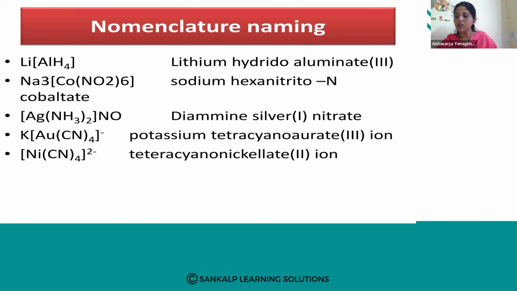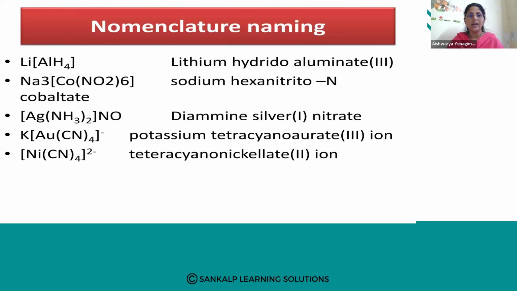Na3 is sodium, then 6 NO2 are there. So hexanitrito-N, where N stands for nitrogen as the point of attachment. Or you can also write nitro. Cobaltate with the oxidation number 3.